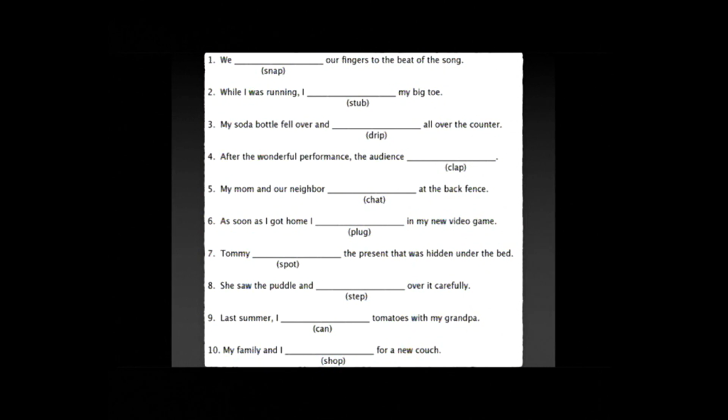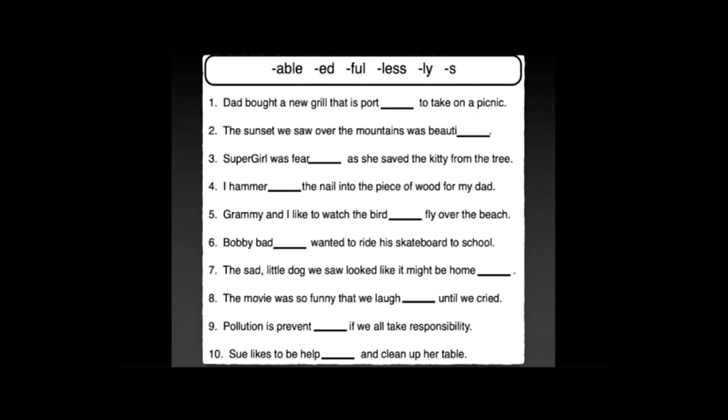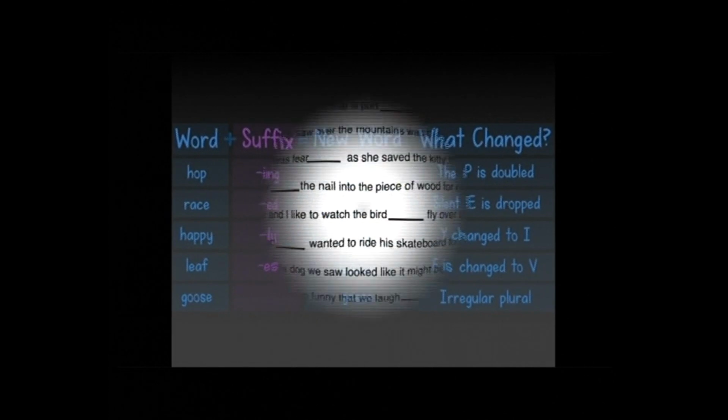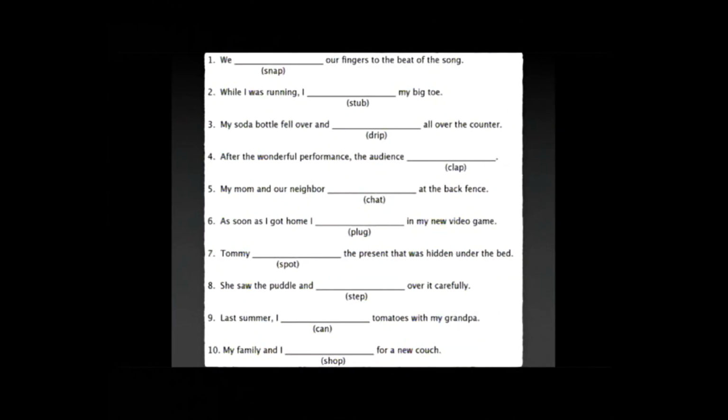So in the rule, ਆਪਾਂ ਇੱਕ ਵਾਰ ਵਾਪਸ ਜਾਂਦੇ ਹਾਂ and we see here. We see that P is doubled, है ना. Hop तो hopping ता P is doubled. अगर असी ED लगाने आ ਤਾਂ ਵੀ double हो जाता ਤਾਂ ਉੱਥੇ ਜਾ ਕੇ ਅਸੀਂ ਕੀ ਕਹਾਂਗੇ snapped. We snapped our fingers to the beat of the song.